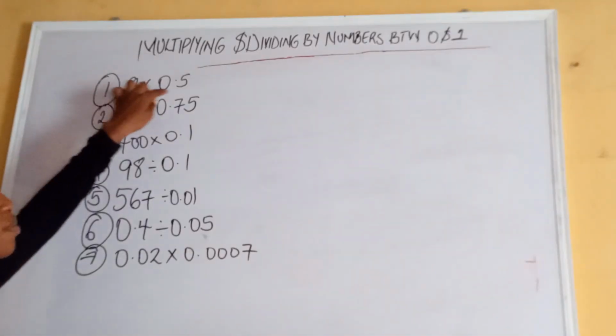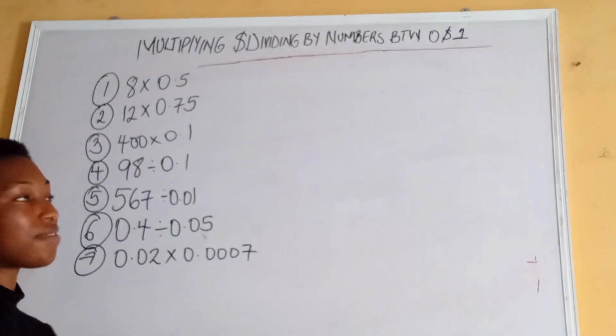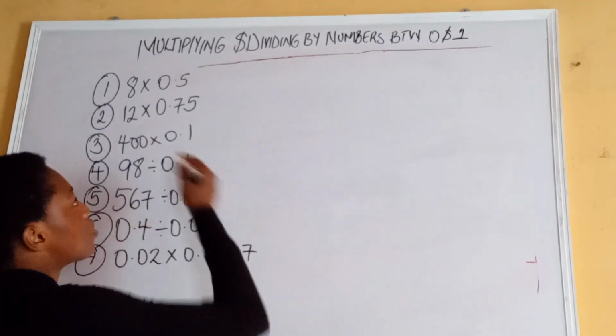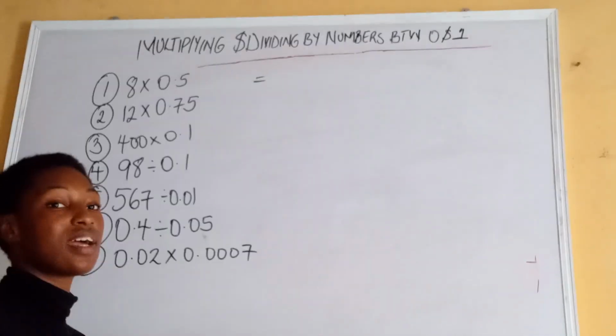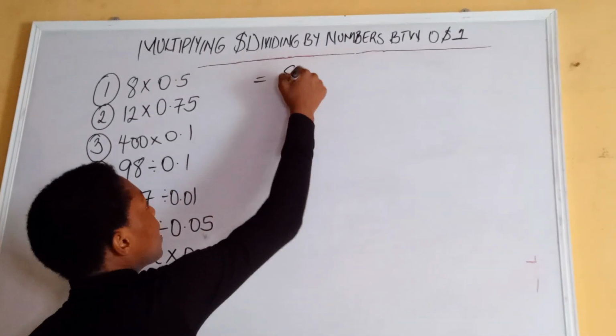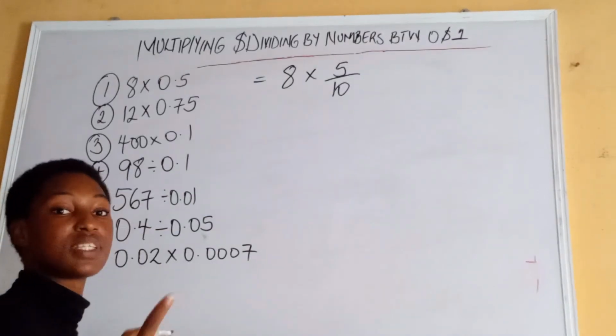Look at this, for example. You have 8 times 0.5. Your answer will be 4 because 0.5 means half. So half of 8 is 4. But a visual representation on how to solve this would be this. I know that my 0.5 is the same thing as 5 over 10. 8 times 5 over 10, because 0.5 is still the same thing as 5 over 10.